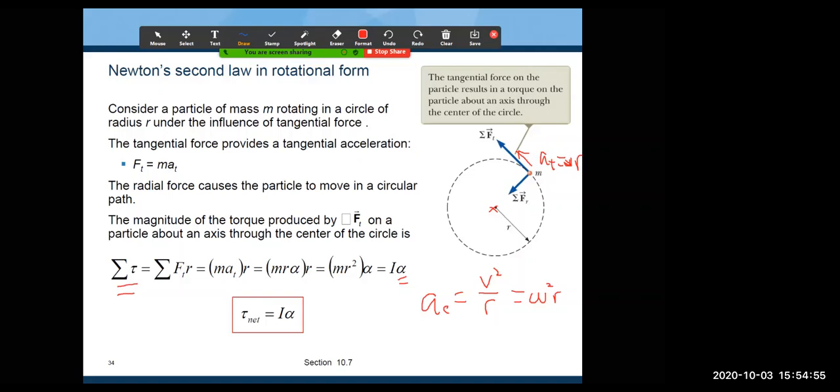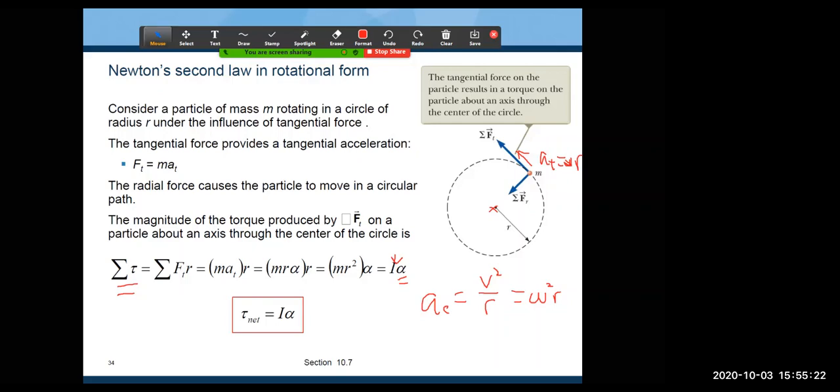The amount of angular acceleration depends on the inertia of the particle to rotate about a certain axis. If you have a collection of particles, it would be the moment of inertia for the whole object. So here you see the equivalent of Newton's second law in the rotational form.